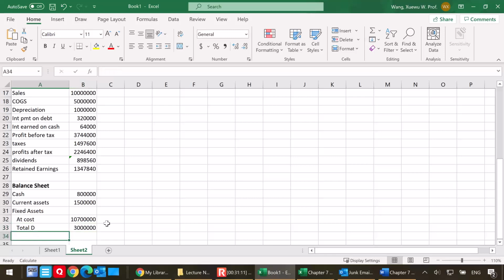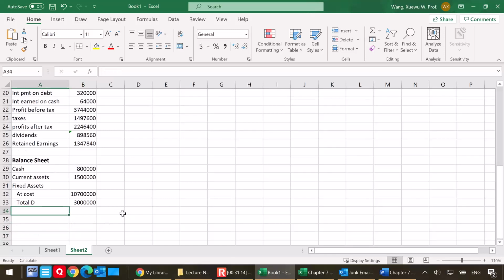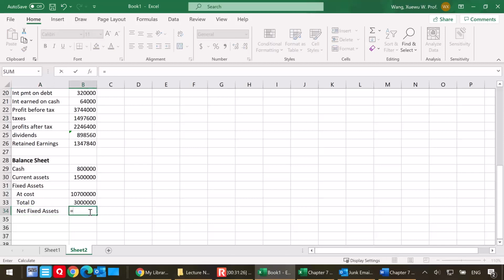All right. And now we're going to look at the net fixed assets. So that's just going to be the difference between the fixed assets at cost minus the total depreciation.